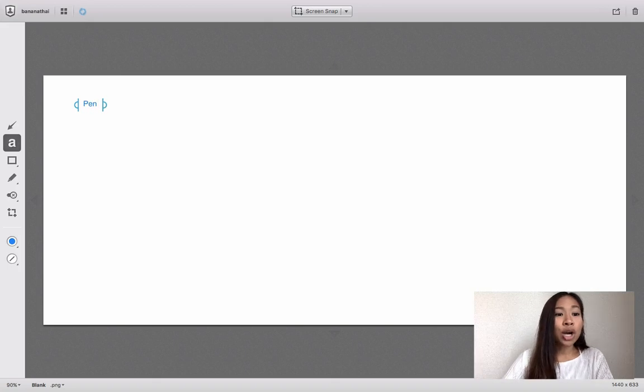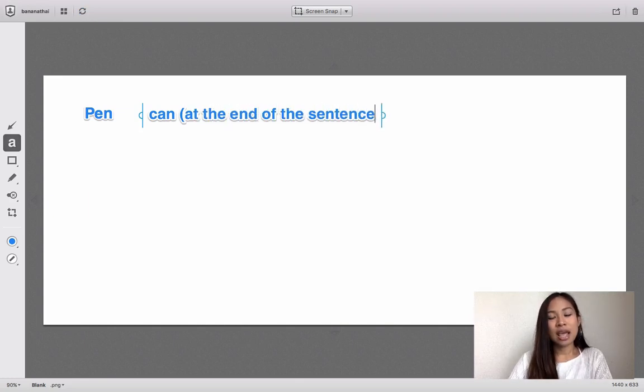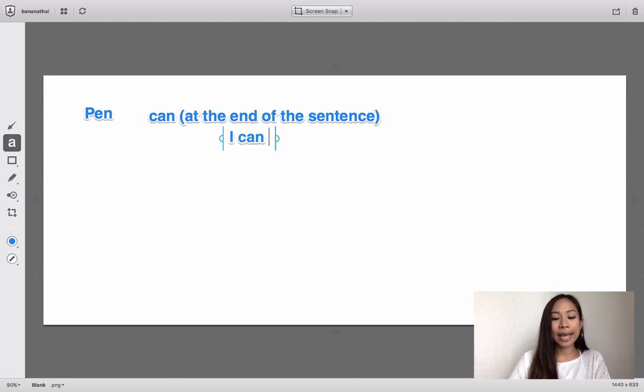Somebody might have a question: the word เป็น can be used for two things. The first is as the word can, put at the end of the sentence. For example, I can swim. This is a skill, you know how to swim.